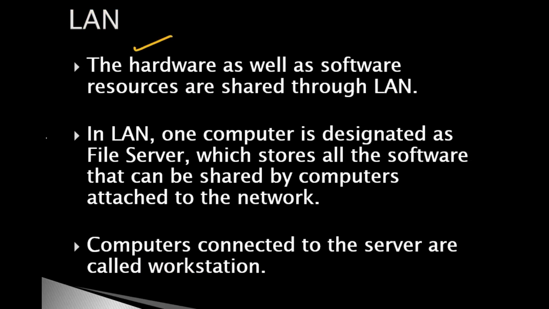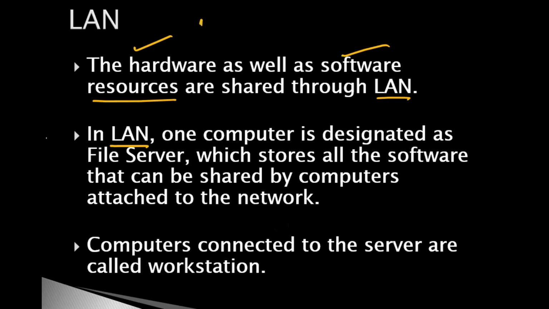The hardware as well as the software resources are shared through the local area network. If you are sharing any hardware or software resources, we can share them here. In a local area network, one computer is designated as the file server, which stores all the software that can be shared by other computers attached to the network.